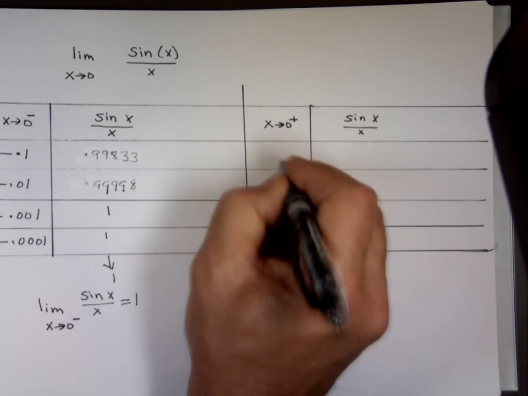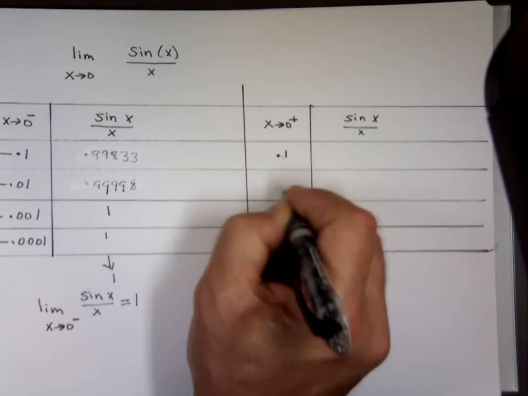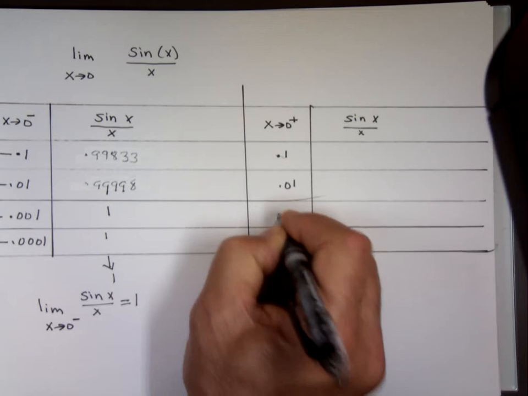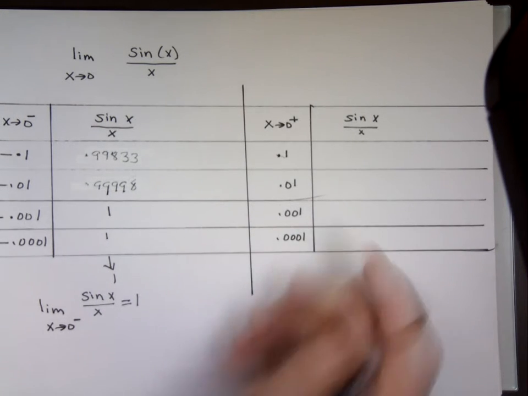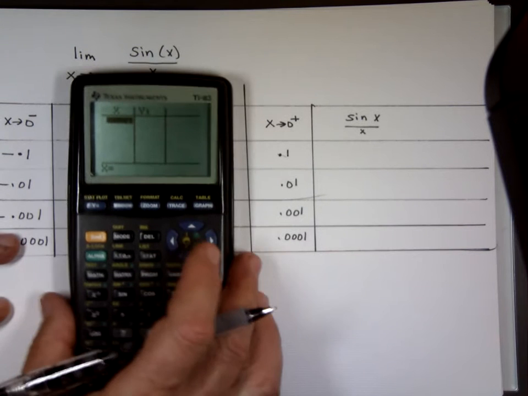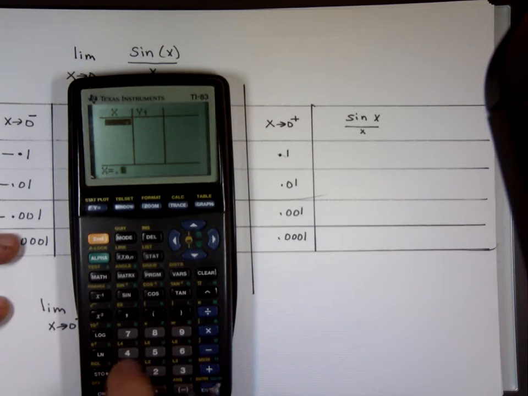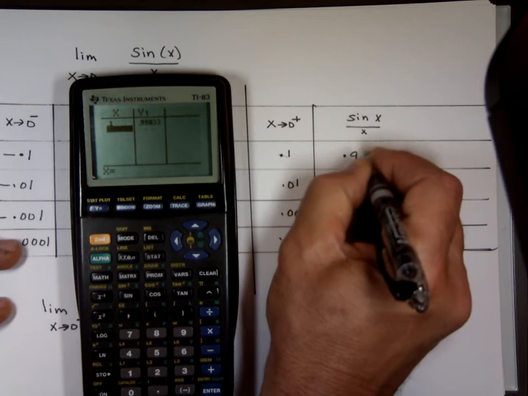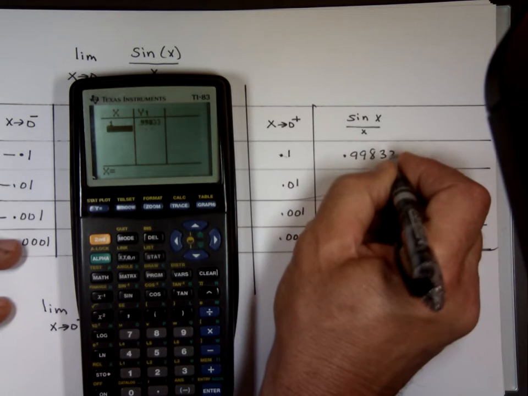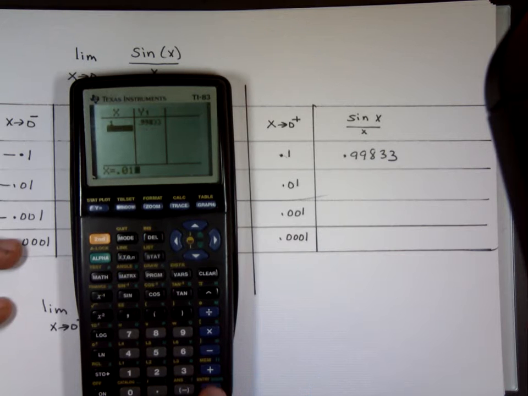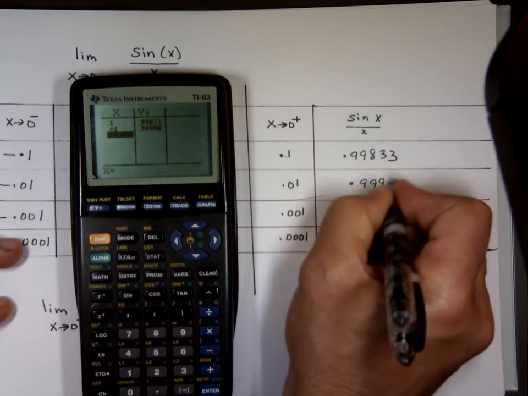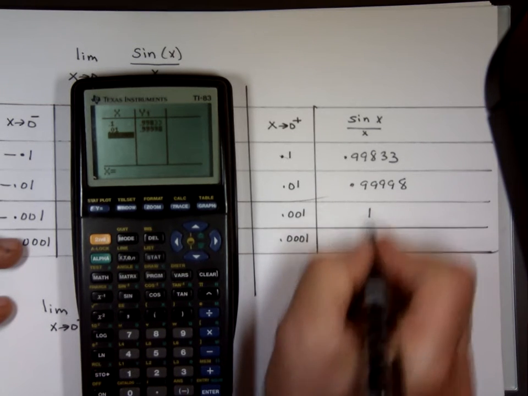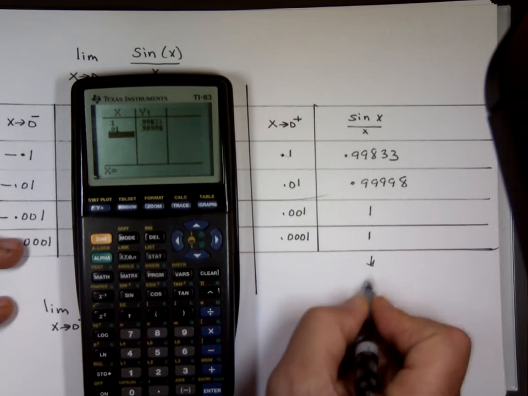A right side like what? 0.1, 0.01, 0.001, 0.0001. 0.1 gives 0.99833. 0.01 gives 0.99998. 1 and 1. It's going toward the 1.